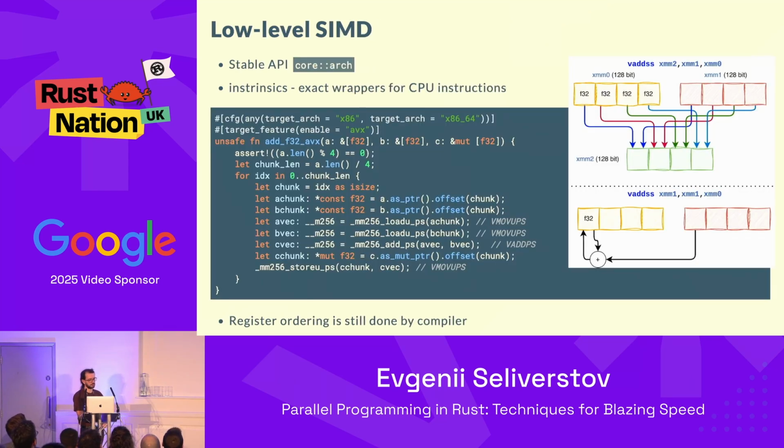So in low level, how does it work? We have a stable API. Stable doesn't mean unsafe. Stable means it's shipped with the Rust library. And we have a bunch of intrinsics. We have a type called __m256, and it relates to the register. Here I drew a smaller register.